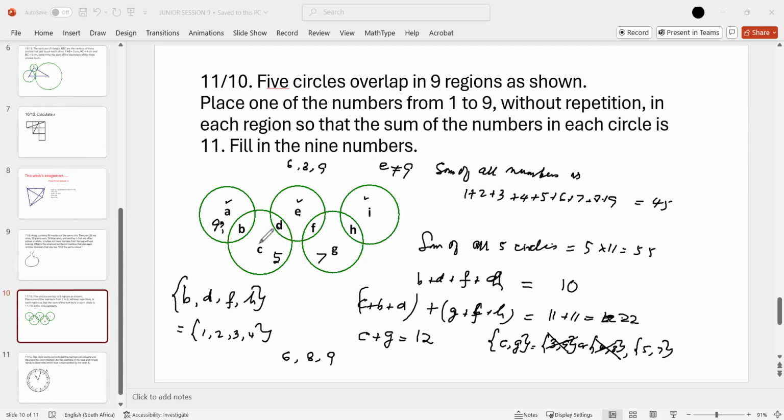And this is already 5 here. So you've got 5 plus 2 is 7. So this will have to be 4. And in the same way, this will have to be 4. But now these 2 add up to 4 here, F and H, because this is 7.